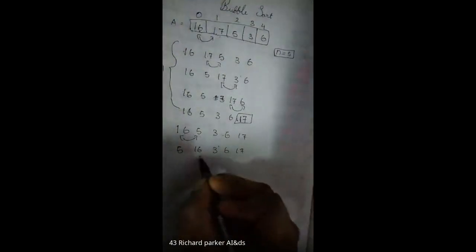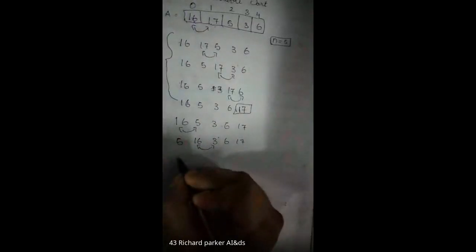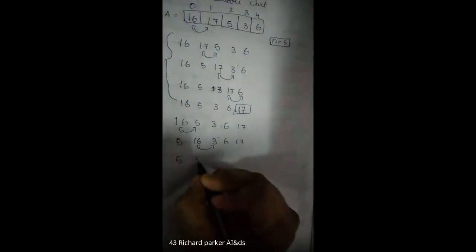Then 17. It will compare the next element. The condition is not true, so it gets swapped: 5, 3, 16, 6, 17.